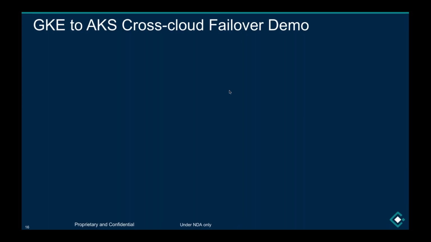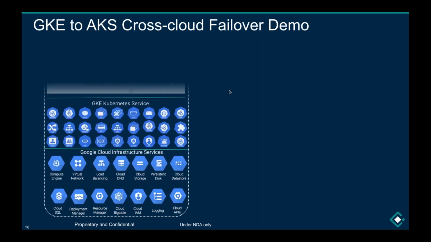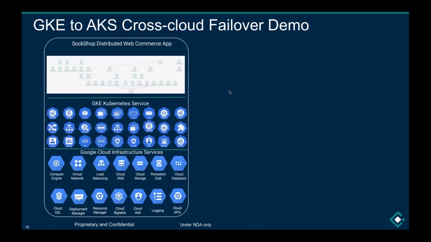So with respect to today's demo, we are going to work on an infrastructure that is already running on Google Cloud Infrastructure Services, where Cloud SQL is the database engine and GKE is the Kubernetes service. This is the application called SockShop, just a standard distributed application that is available as open source. So we leverage that to show what is possible with a distributed application, right?